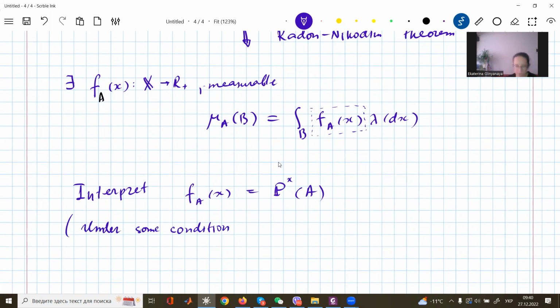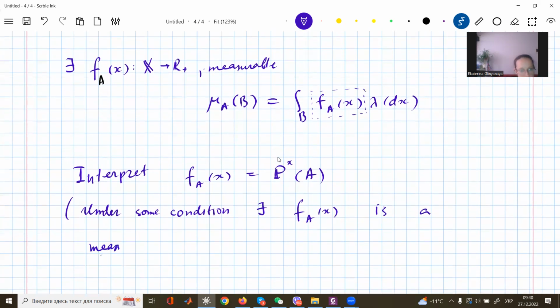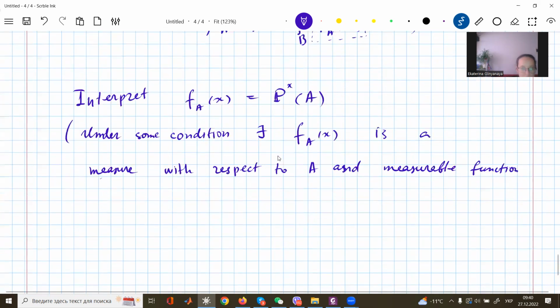So I will write that there exists f A of x that is a measure with respect to A and a measurable function with respect to x.